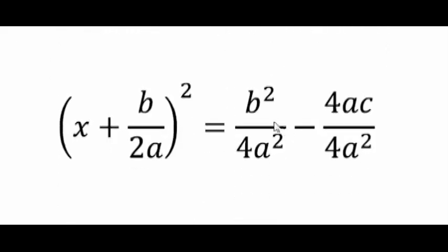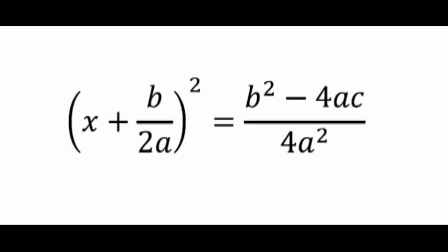So b squared over 4a squared minus 4ac over 4a squared, and that becomes b squared minus 4ac all over 4a squared. And if you're thinking ahead, this term right here, b squared minus 4ac, you might remember, is part of that quadratic formula that we saw. So you may be saying, hey, we're getting close. And indeed we are. So we're almost there. Let's see what we do next.